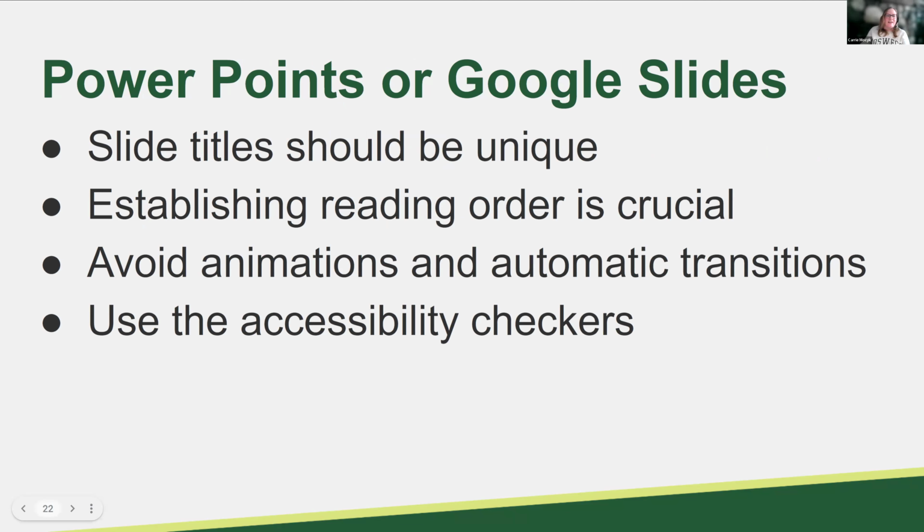All right, so this is an add-on that I had said in the presentation I would talk about: reading order. And so I'm going to take this moment to say this. When we are working with PowerPoints or Google Slides, the slide titles that go across the top, like in this example on this page here, should be unique so that if a person using a screen reader is jumping from slide to slide, they will be able to determine the contents of the slide.